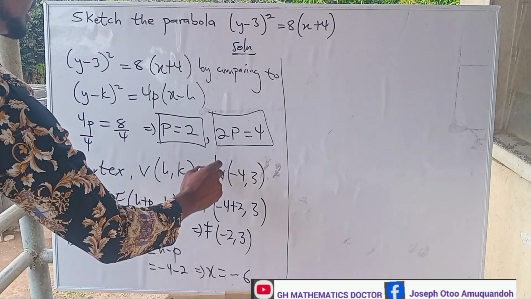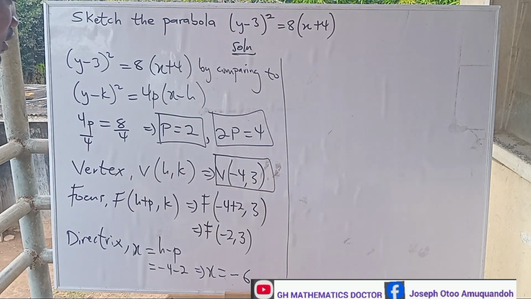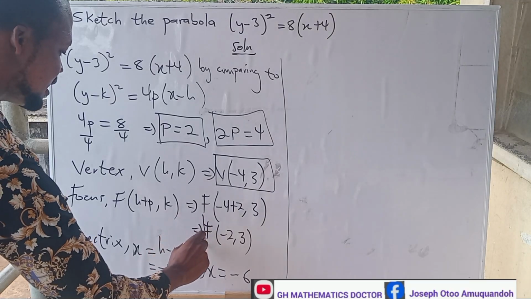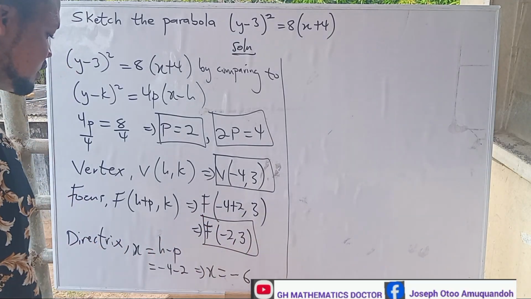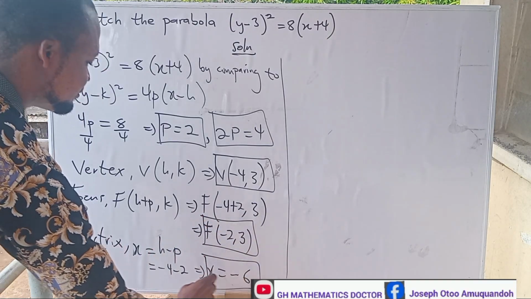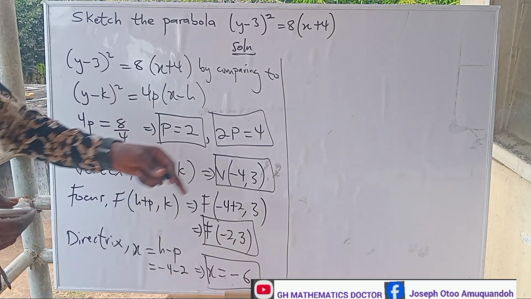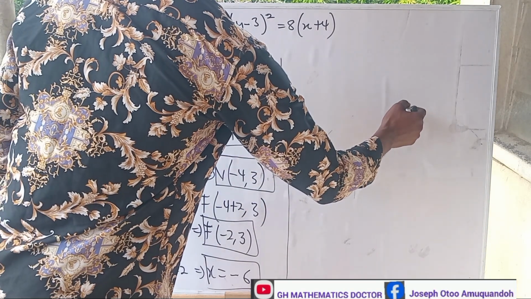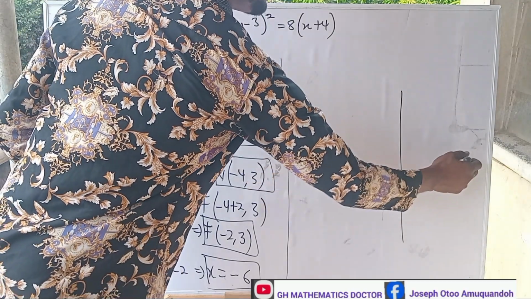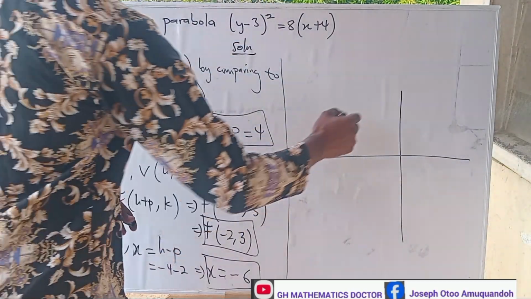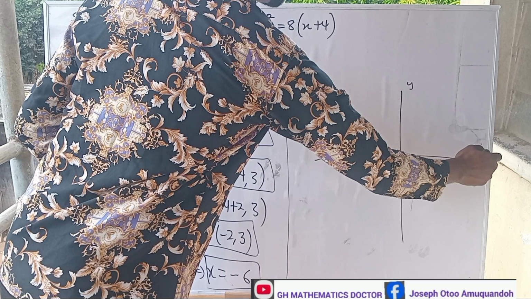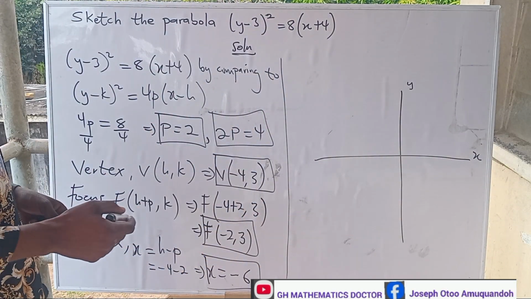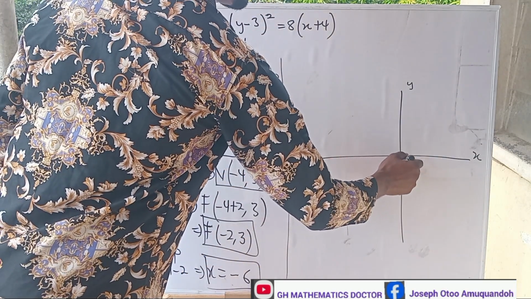In this case, we have all the information that we need to draw the graph. These are the important coordinates or equations that will help us to get the sketch for the parabola. All right, so let's do the graph at this side. You are going to draw your xy plane. So this is my y. This is my x. Then we label the axis.